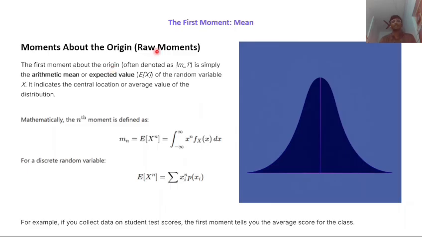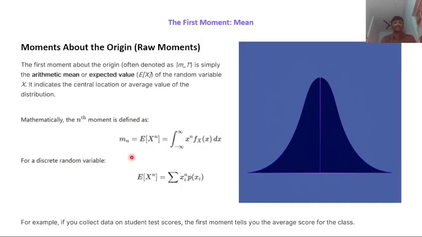The first moment, mean. Moments about the origin. The first moment about the origin is denoted by m1. It simply gives the arithmetic mean or expected value E of X of a random variable. X indicates the central value of the average value of the distribution. Mathematically, the nth order moment is defined as mn equal to E of X power n, equal to integral from minus infinity to infinity of x power n fX of x dx.